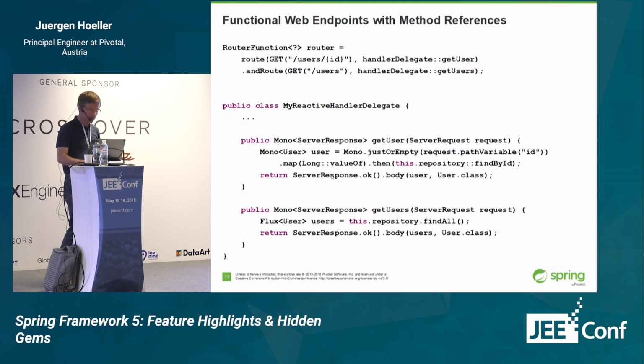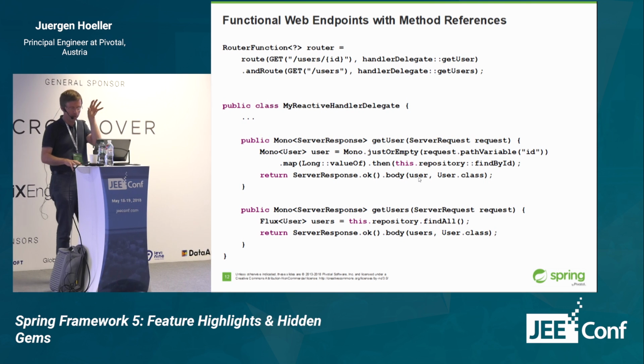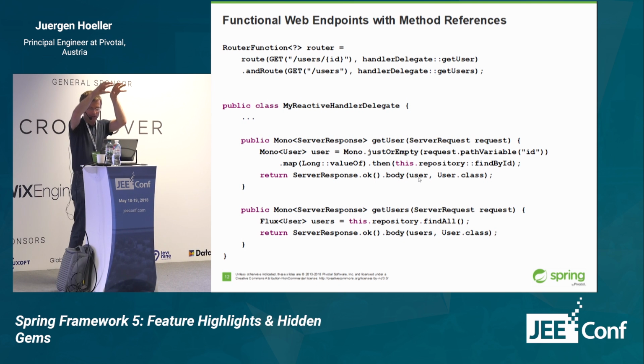Then we build a server response, HTTP status OK, and here's the body, the publisher for the body. So there's also a clear separation. Here's the server response, which also has headers, and for the body of the response, take this publisher for a user and send it through the codec chain.